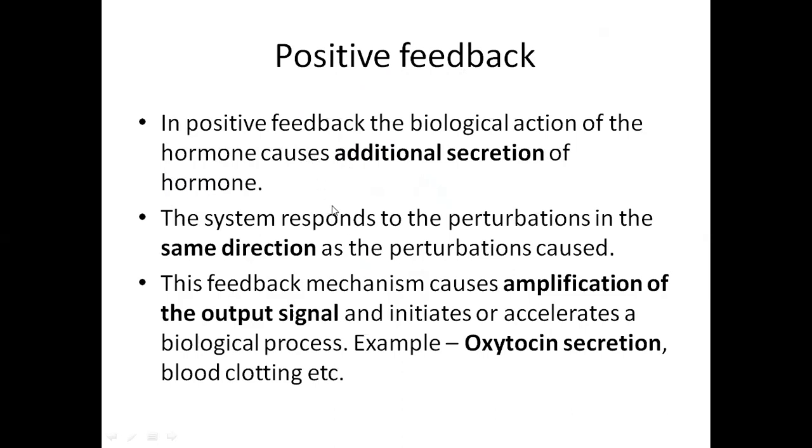If a particular sequence of events results in secretion of a specific hormone, the positive feedback system works in such a way as to bring about more and more secretion of the same hormone. That is why this reinforcement sequence of events is known as the positive feedback system.